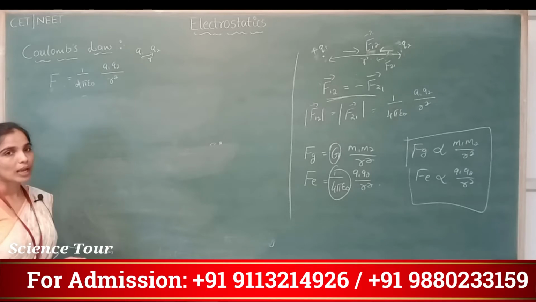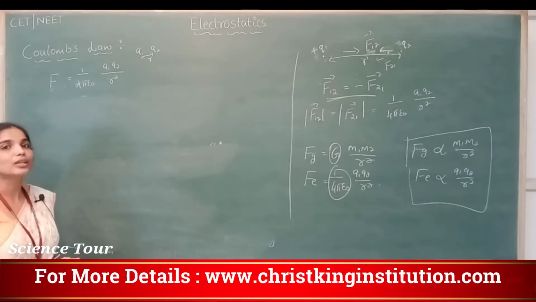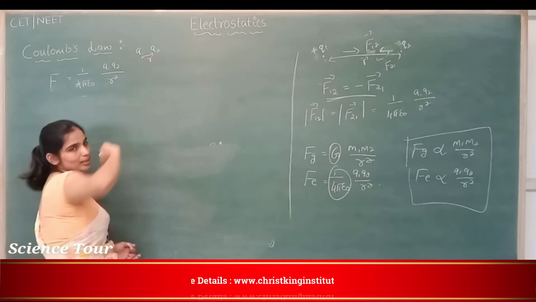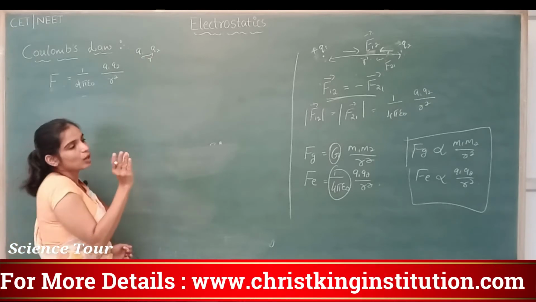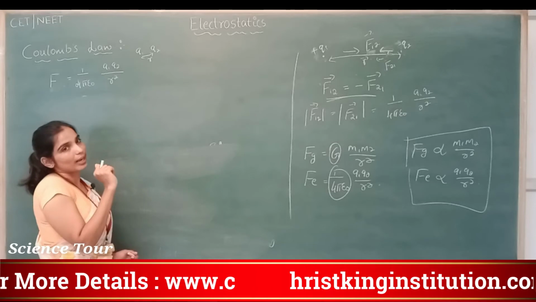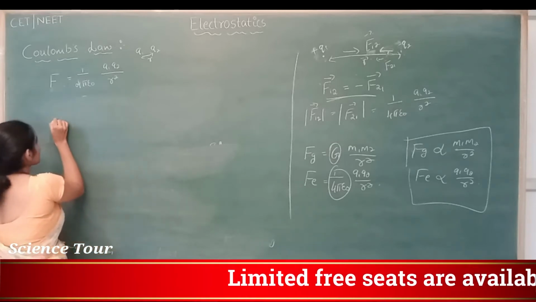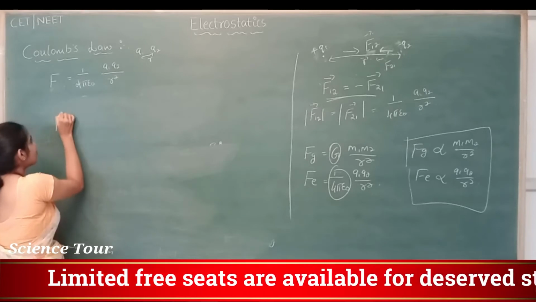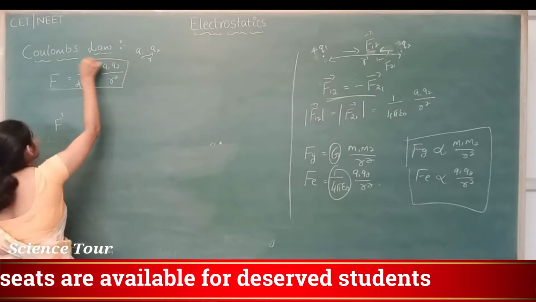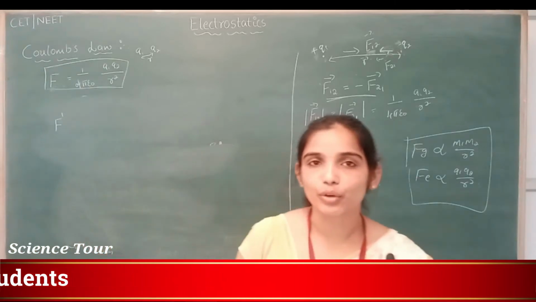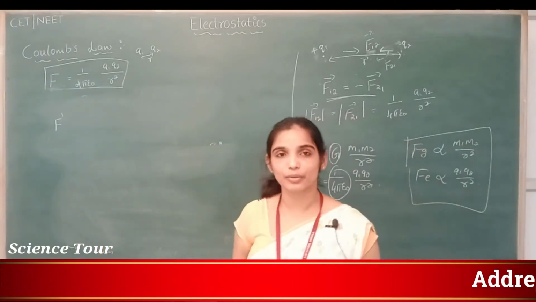Now they are brought in contact. Q1 and Q2 were separated by distance r. Now they are brought in contact and again separated to the same distance. When they are separated to the same distance, the electrostatic force between them won't be the same as before.